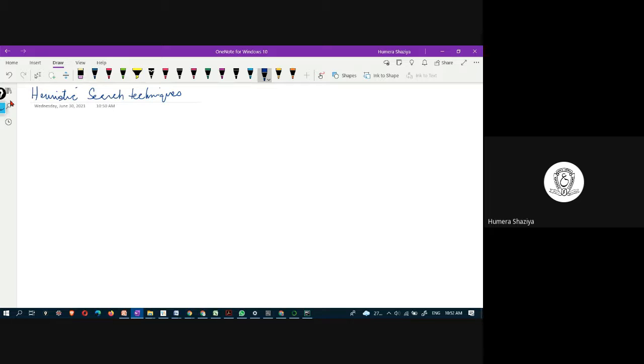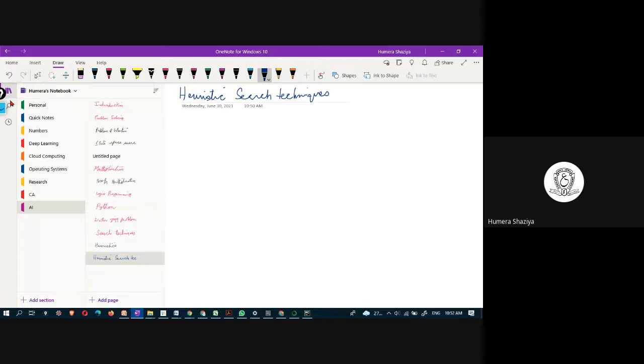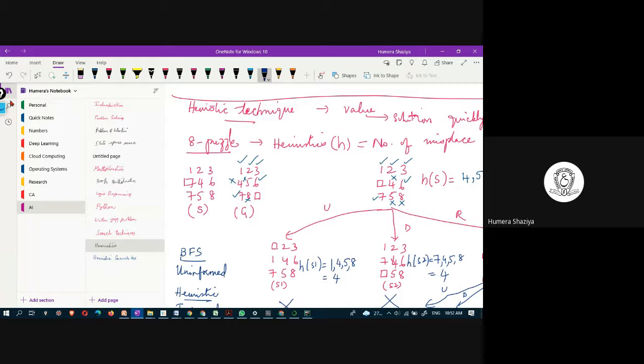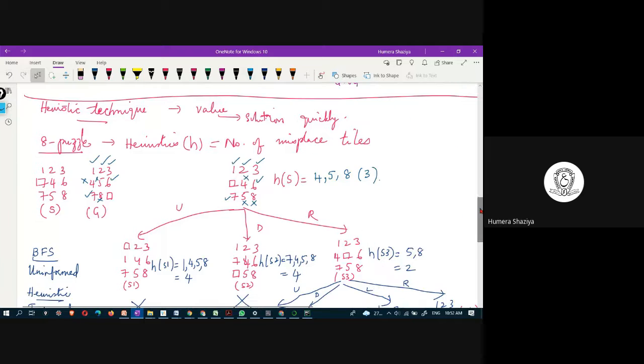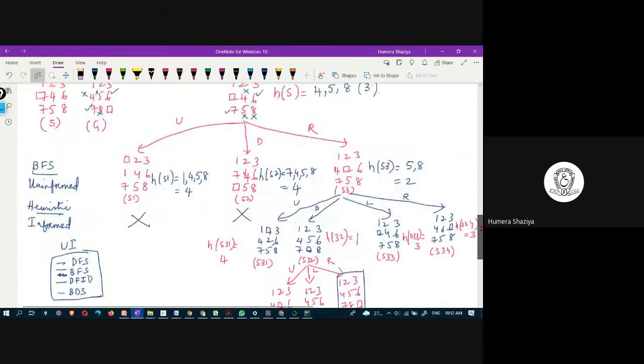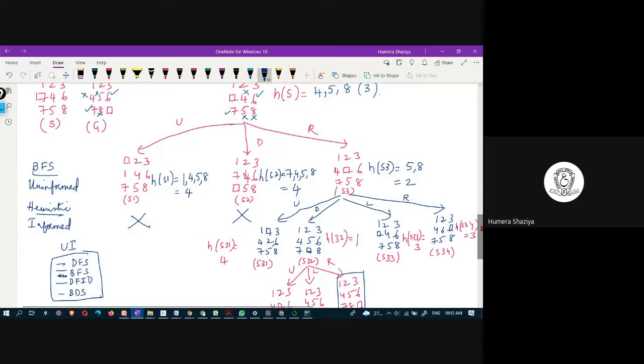So, for instance, here I can tell you that when we explored only the third successor S3 based on its heuristic value, there are chances, if the heuristic value is not that good, that after we explore this, we may not find the solution quickly.